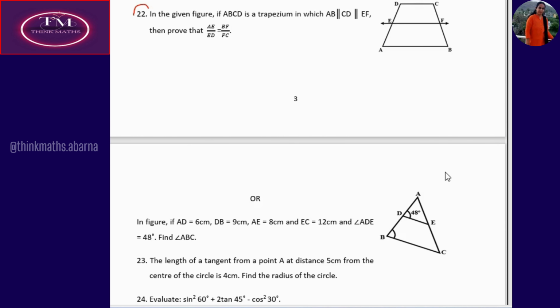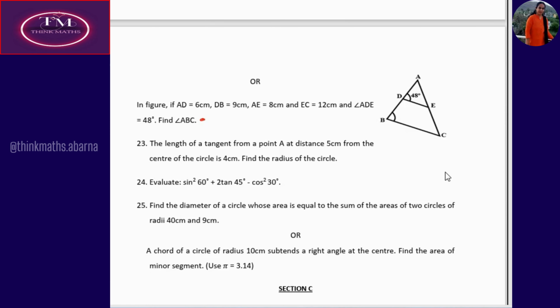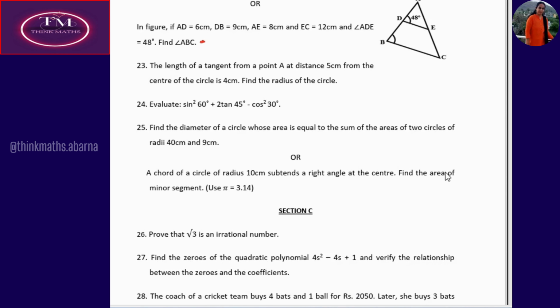Question 22 has internal choice; you can answer either this question or this question. 23 and 24 are compulsory, and 25 has internal choice. You can find the diameter or you can answer this problem.